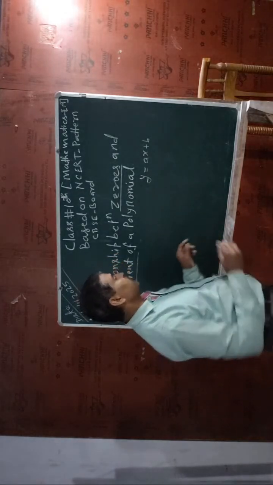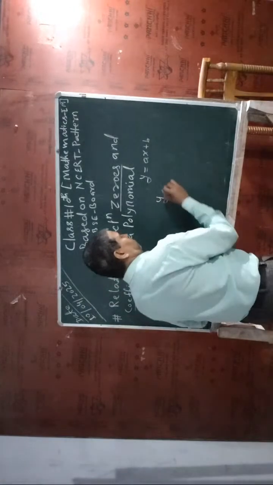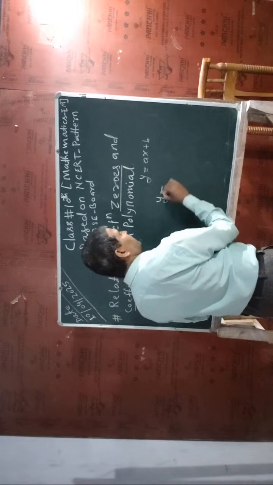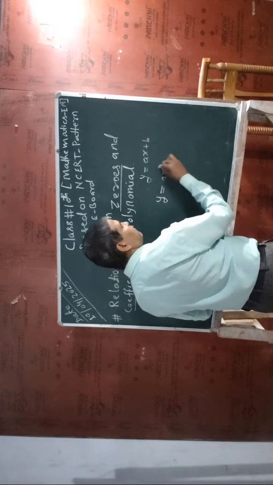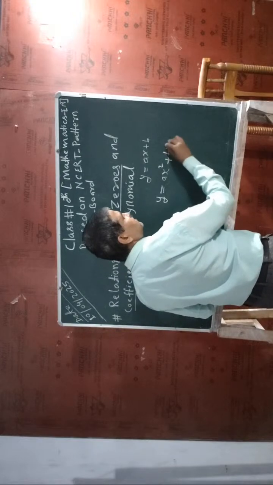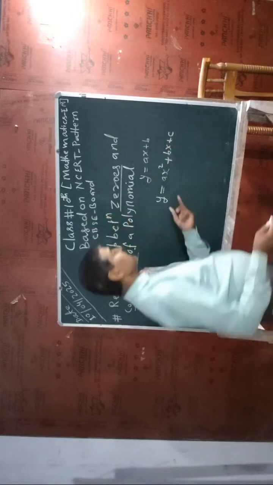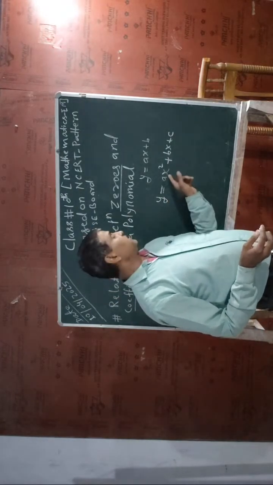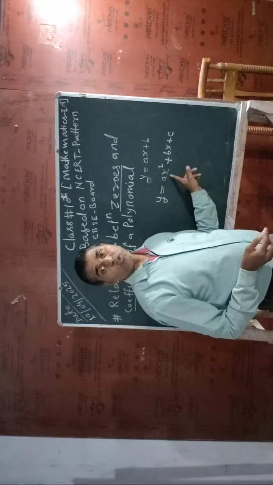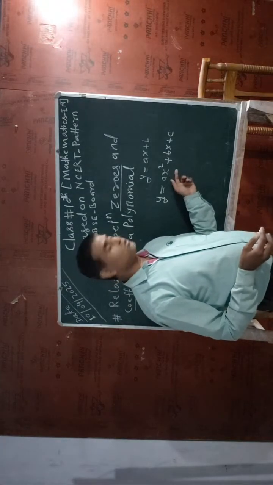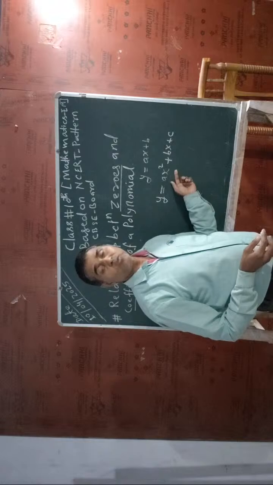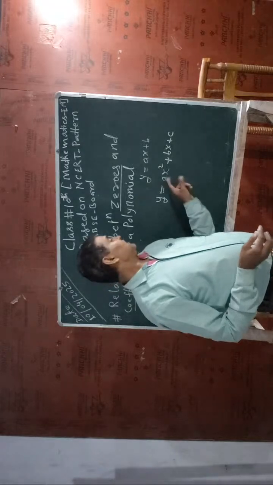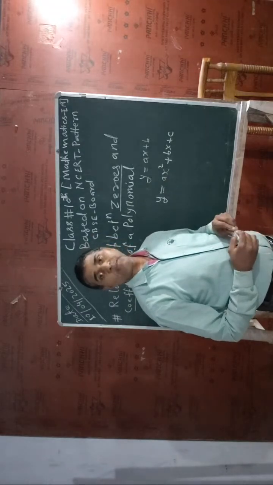And in the quadratic form I will write y = ax² + bx + c. This is the polynomial whose name is quadratic polynomial, because in this we will get two zeros, which depend on the nature of a and the nature of the discriminant.